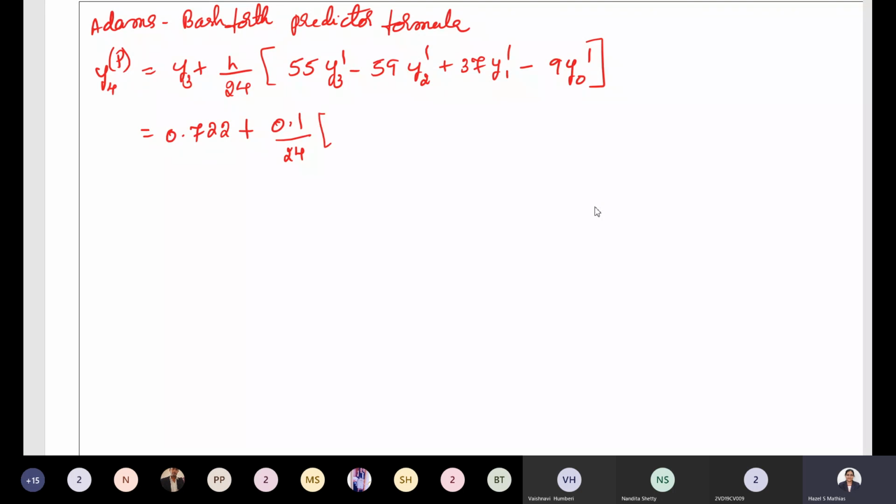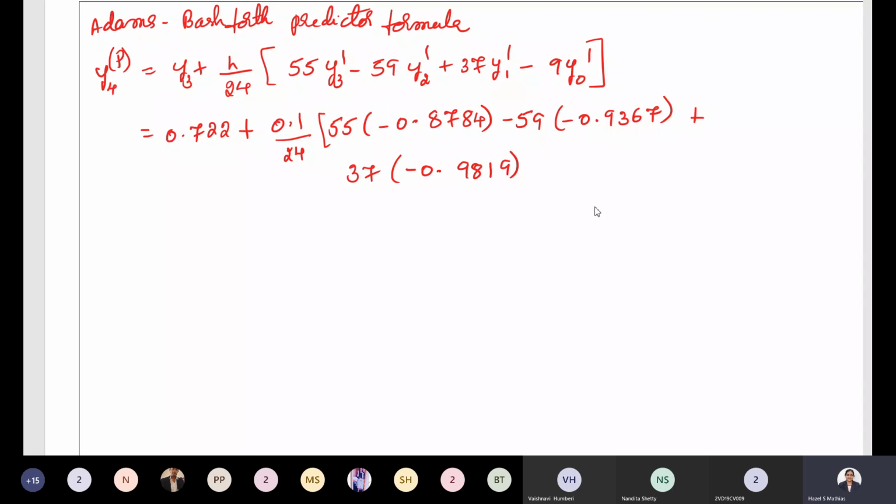Then 55 into y3 dash value, which is minus 0.8784, minus 59 into y2 dash value, minus 0.9367, plus 37 into y1 dash value, minus 0.9819, then minus 9 into y0 dash value, minus 1.